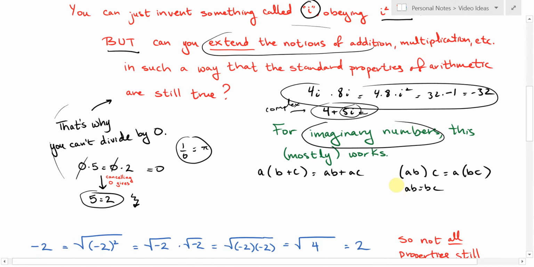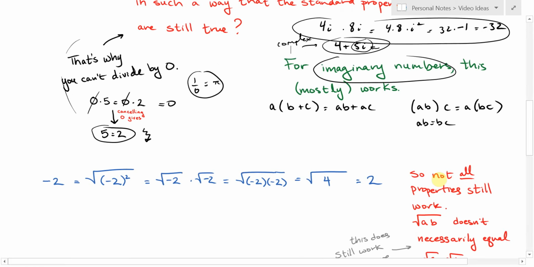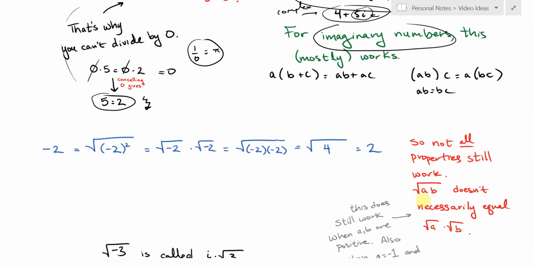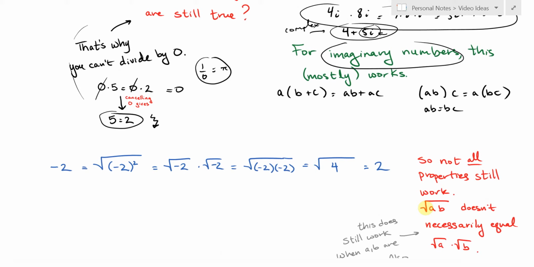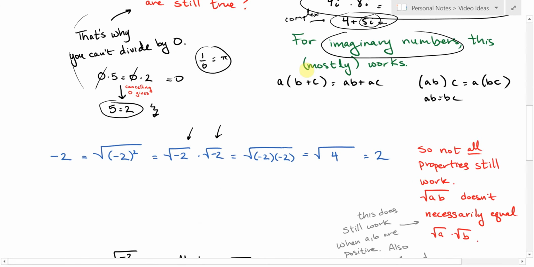Not everything works. I do want to be a little bit careful here. Let me give you an example of one of the algebraic properties you're used to that does not hold when we start talking about imaginary numbers and complex numbers. So, for example, if you take the square root of -2 times the square root of -2, and remember, we were in a world where you're allowed to take square roots of negative numbers, apparently, then you would say, well, on the one hand, that's the square root of (-2 times -2), or the square root of (-2) squared.